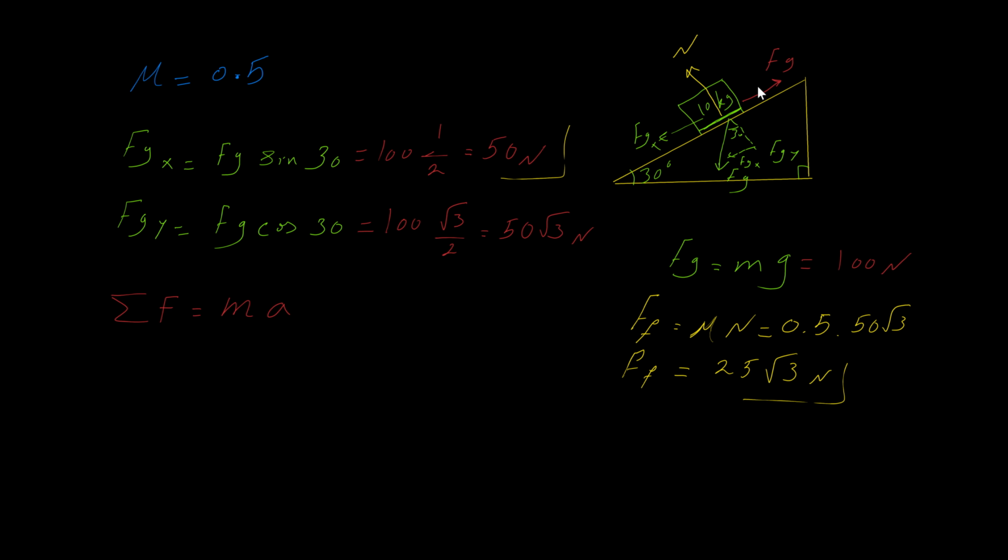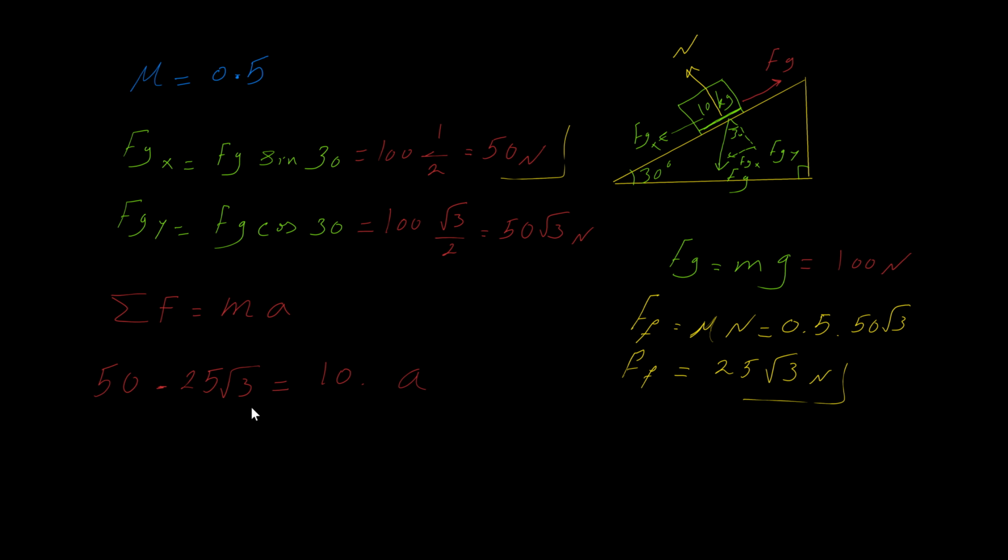That would be the negative direction, so it will give us a negative value for the force of friction. So we write 50 for the force of gravity minus 25 root 3 for the force of friction, and that is the sum of the forces. Then we have m, which is 10, multiplied by acceleration, and that's what we are looking for.